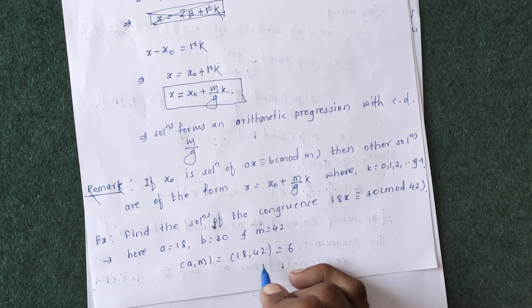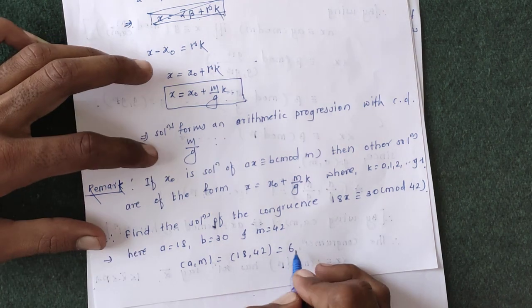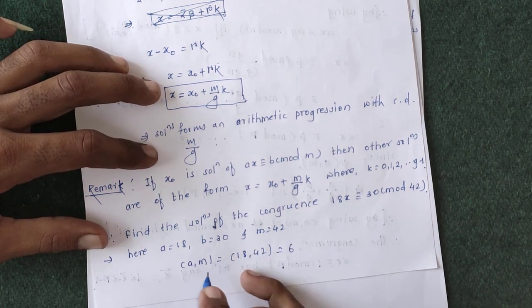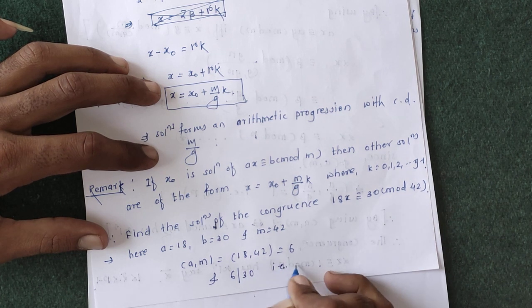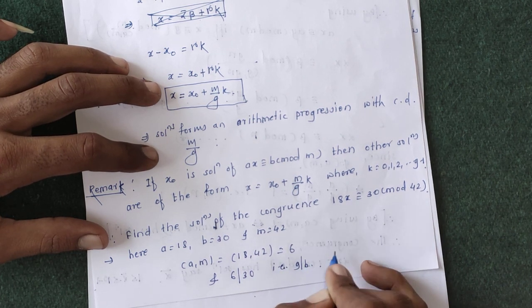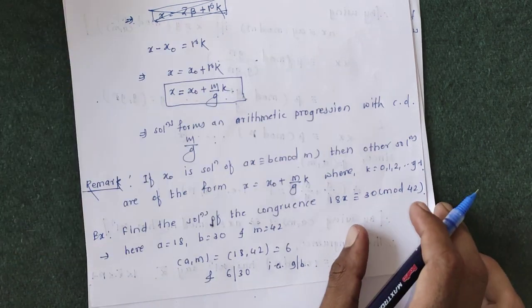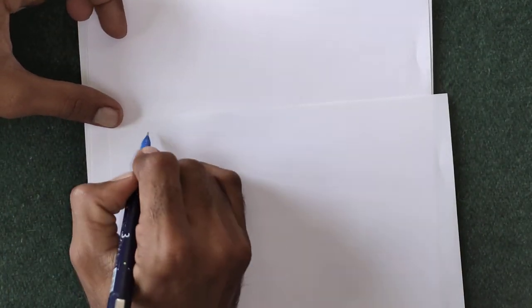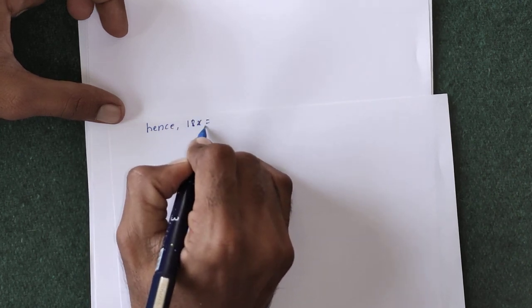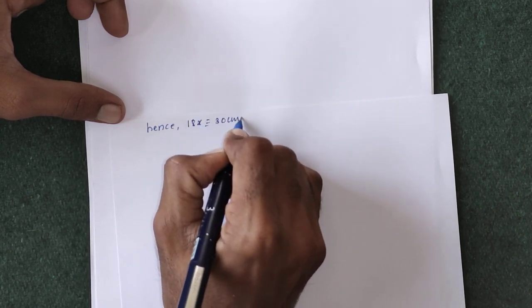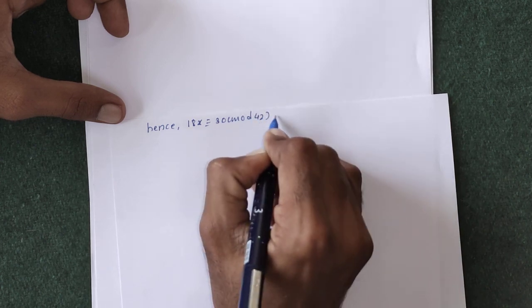Since 6 divides 18, 6 divides 42, and 6 divides 30, that is g divides b, hence the congruence 18x is congruent to 30 under modulo 42 has a solution.